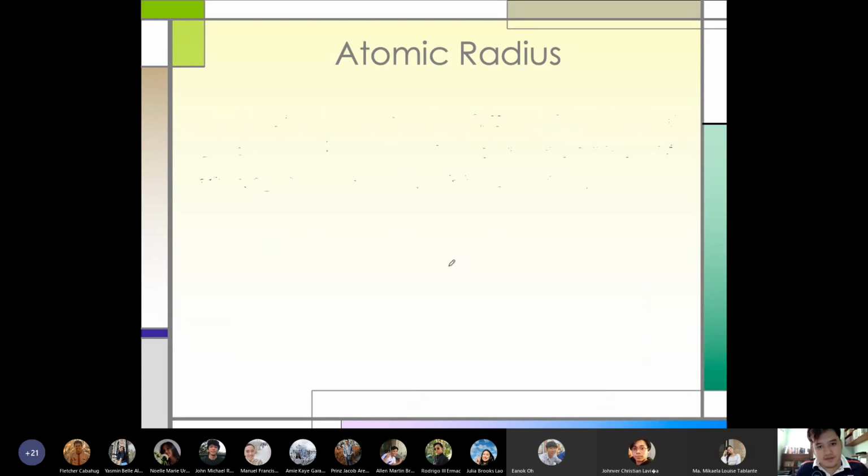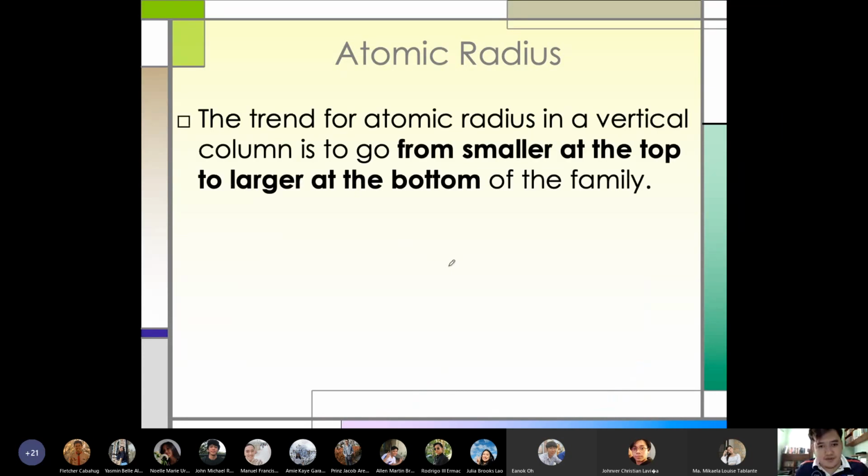All right. The trend for atomic radius in a vertical column is to go from smaller at the top to larger at the bottom of the family. Can anyone tell me why this is? Why do you think?